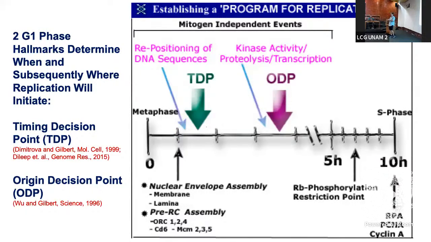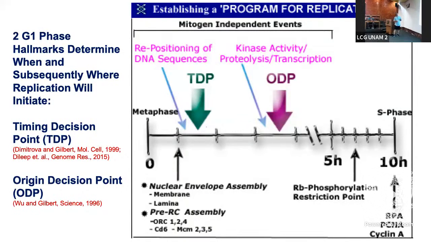But we could not detect any specificity in the initiation sites whatsoever by the crude methods that we had back in the 90s. What we found was that if we keep isolating nuclei at later and later time points, we could find a time point after the timing decision point, before the restriction point when cells commit to going into S phase, at which replication origins are now specified to the degree that we could measure them back then.